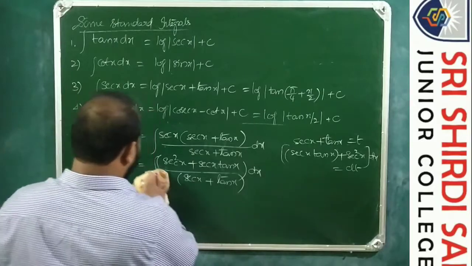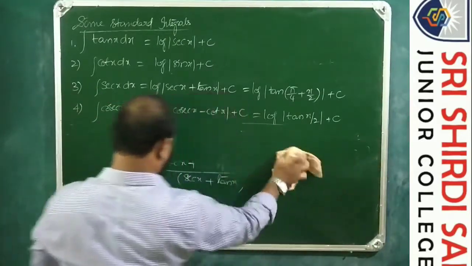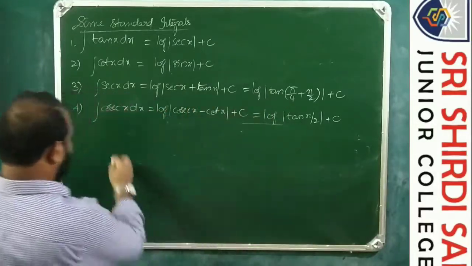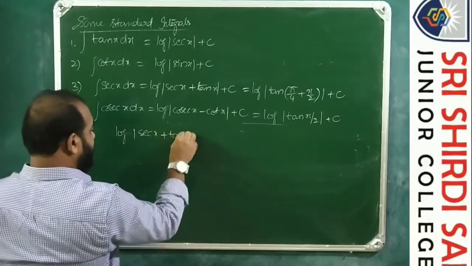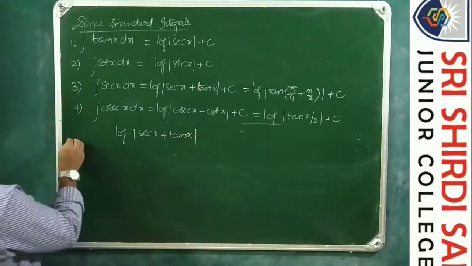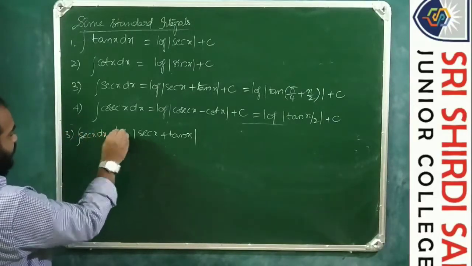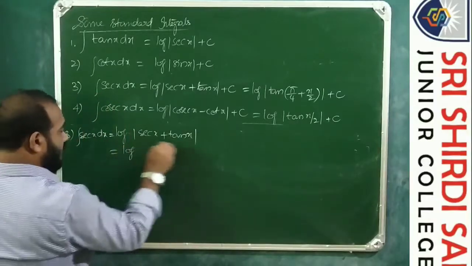So this is log mod secant x plus tan x. Integral secant x dx is equal to log mod secant x plus tan x plus c.